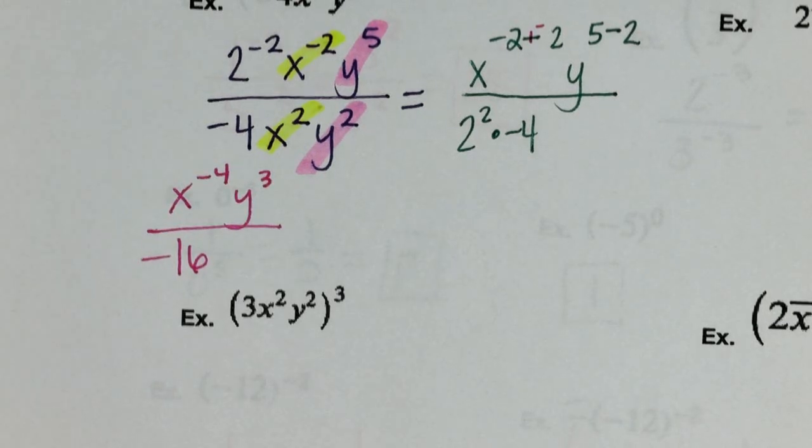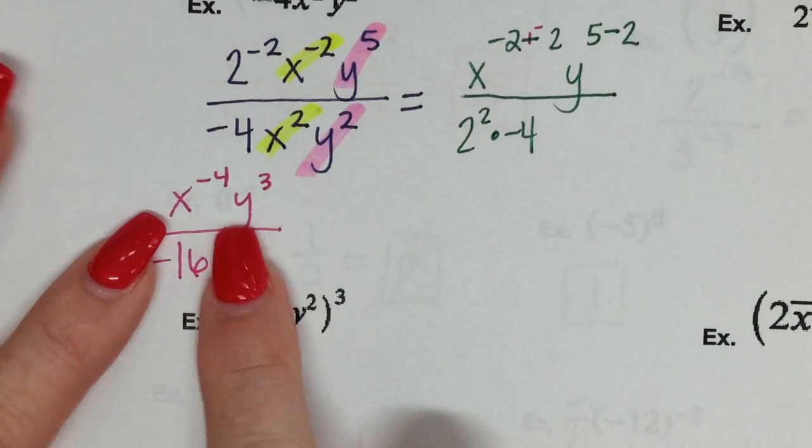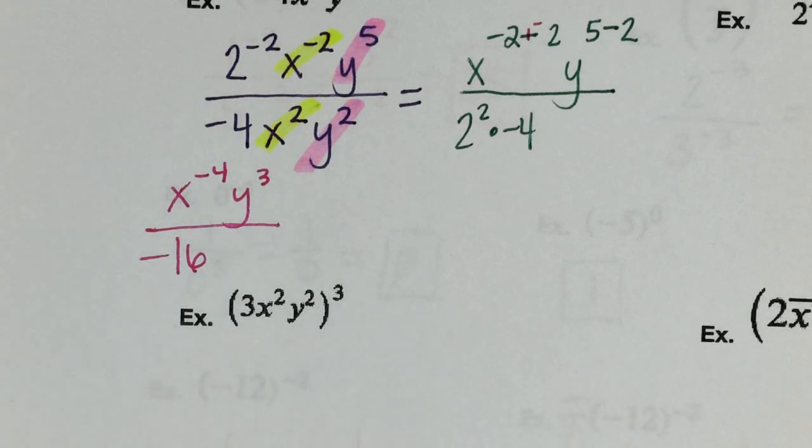Is there anything else here that I can combine together? Yes or no? No. All the regular numbers have been combined. All the x's have been combined with x's. All the y's have been combined with y's. Does everybody agree? Now I can go make sure that it looks good and I don't have negative exponents.